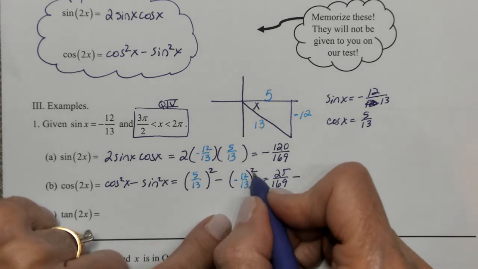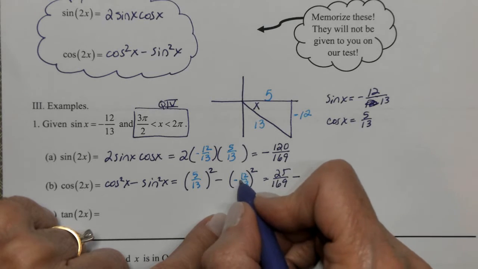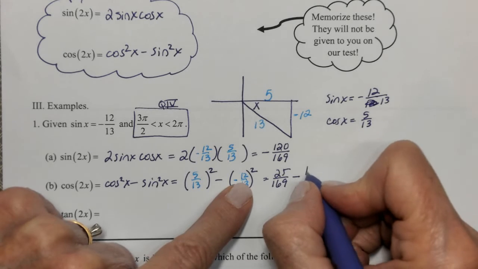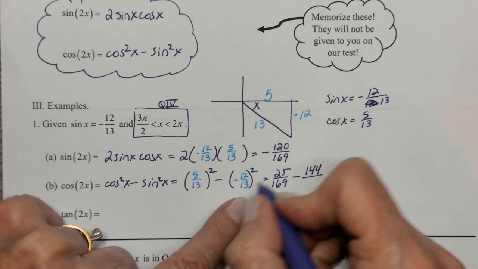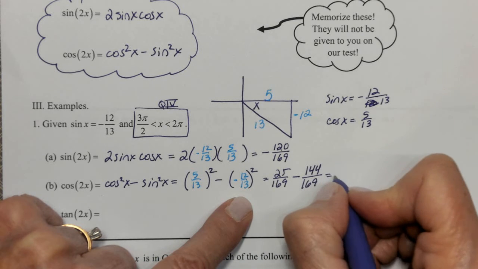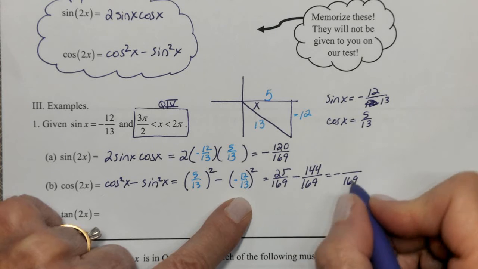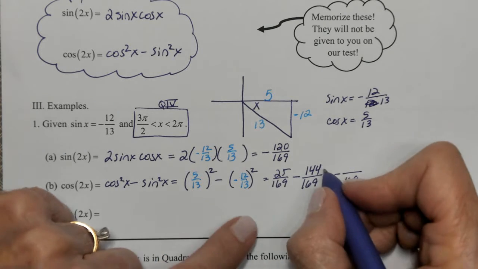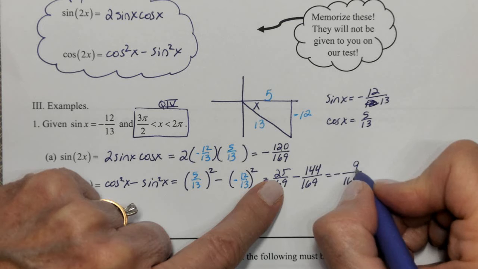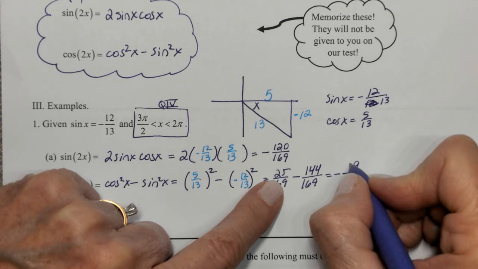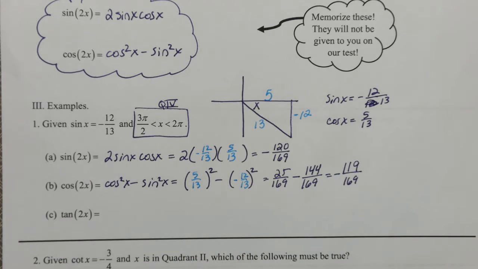Minus, when you square this negative, it's going to be a positive. 12 squared is 144. 13 squared is 169. We'll subtract those, and we're going to get a negative. 25 minus 144 is negative 119. So negative 119 over 169.